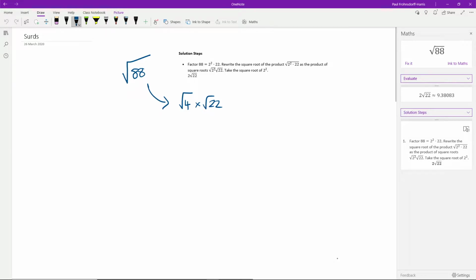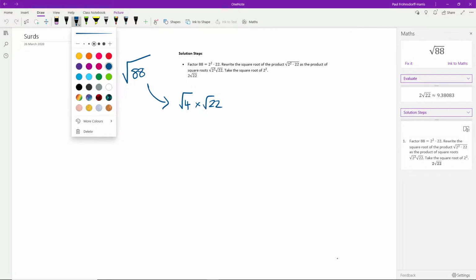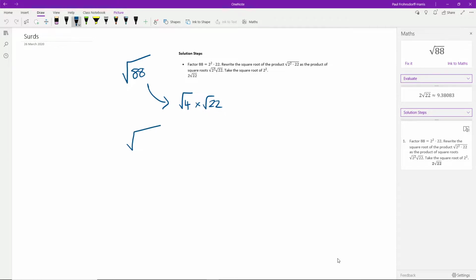Let's say I start with a root. Deliberately, we start with root 100, not 196, because we know that's a square number, with a root 100 and, let's just rub that out, 147. When I look at 147, I'm looking for factors, and fortunately, it has several.